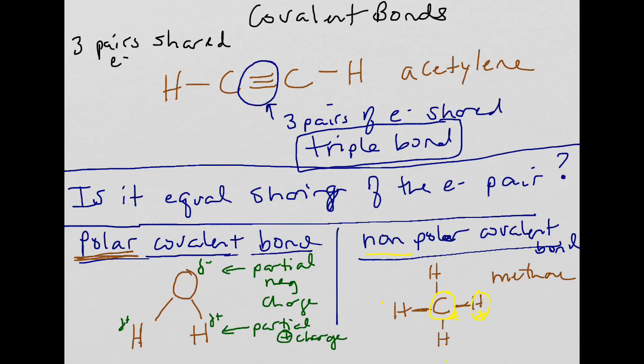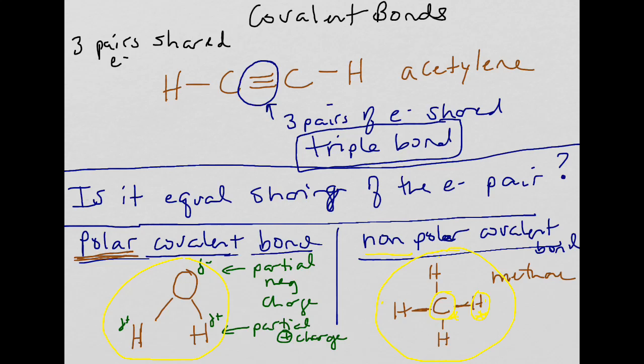Very often when you see these drawn, to give you a little clue, you'll notice that this is drawn very symmetrically. Okay? Whereas water is drawn bent. Yeah, it's bent. The little hydrogens are at the bottom and the oxygen is at the top.